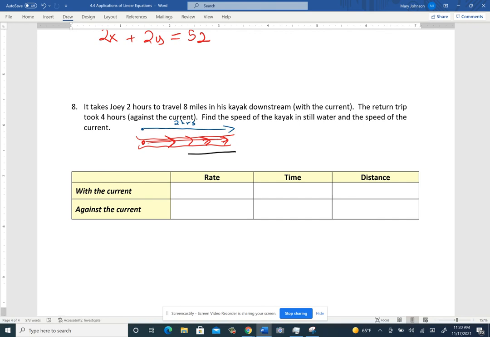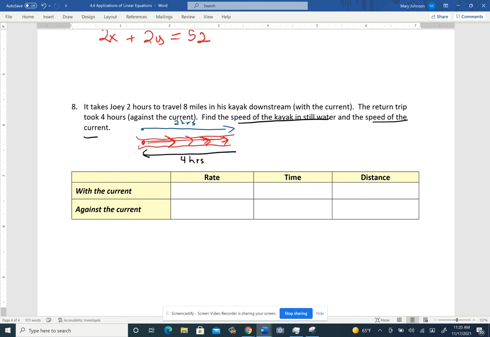It's the same distance, but it takes him longer because he's paddling against the current. I don't know if you've ever been paddling on a river, but it is a lot harder when you're turning around and going against the current.